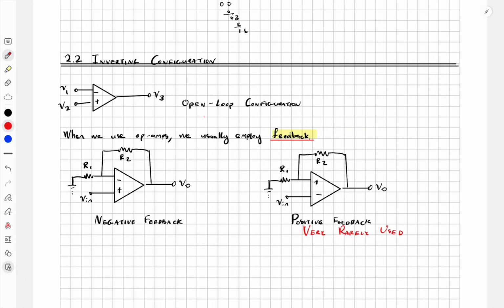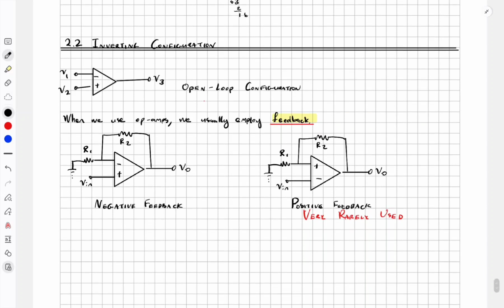In that case, maybe positive feedback is used. But like 99% of the time, we are talking about negative feedback. Negative feedback is way more common because the circuit is way more stable, and the circuit has a very predictable output. So we use negative feedback.